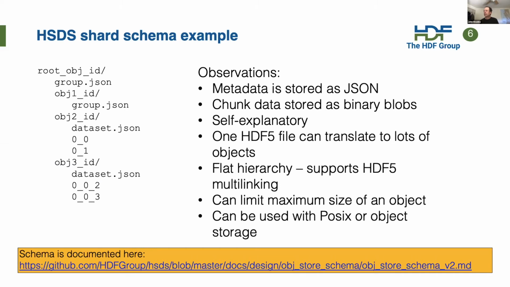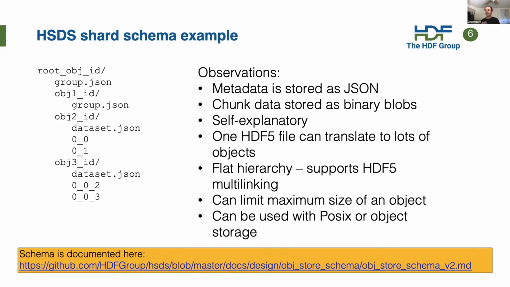So here's an example of what this looks like. Again, this is kind of like the key value mapping, like Jerome was talking about with DAOS. You have a key, and in a key, you can have files or objects, and they can have sub-objects and so on. So we have something like group.json that would store metadata for a group. We have a dataset.json that stores metadata for the dataset.